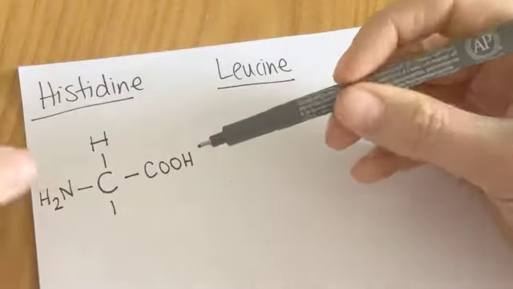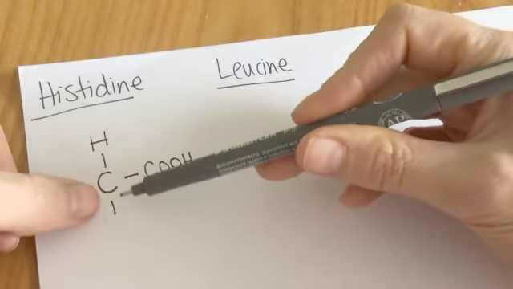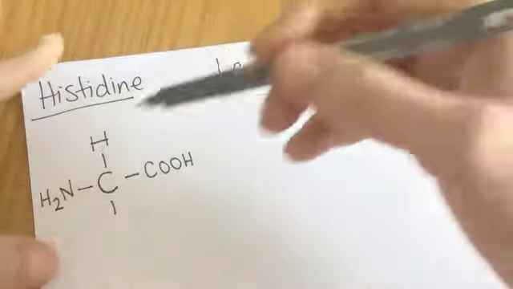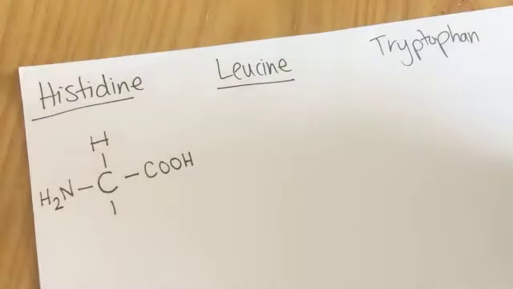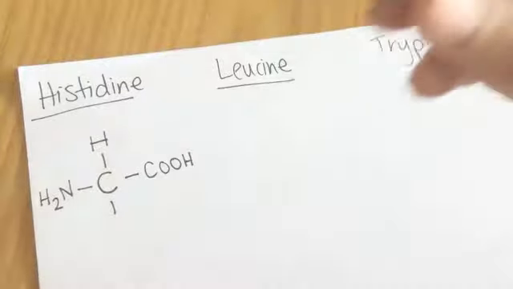For right now, I'm going to leave the bond on this central carbon empty, because that's where we're going to come in and do the rest, what we call the R groups. Every single one of these amino acids has this backbone.